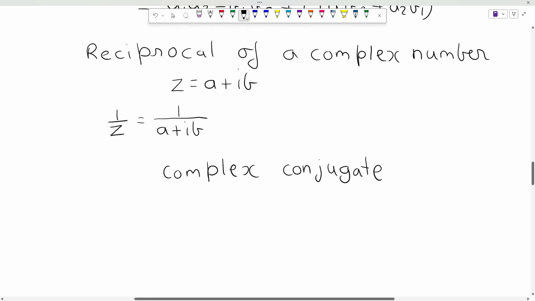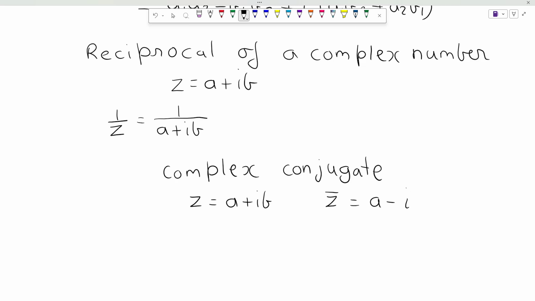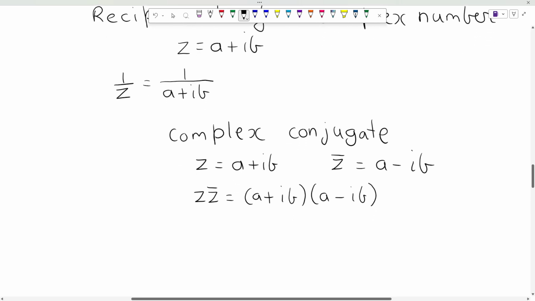Okay, now if z is equal to a plus iota times b, then its complex conjugate z bar will be equal to a minus iota times b. And when you multiply z with z bar, you get a plus iota times b times a minus iota times b.